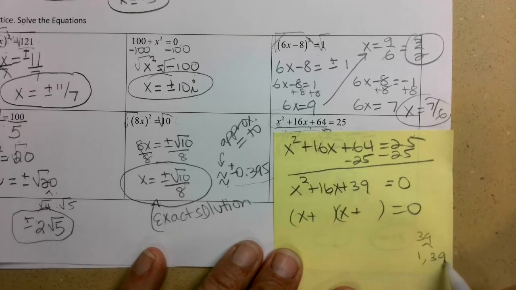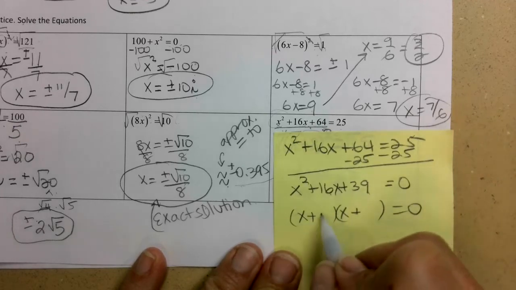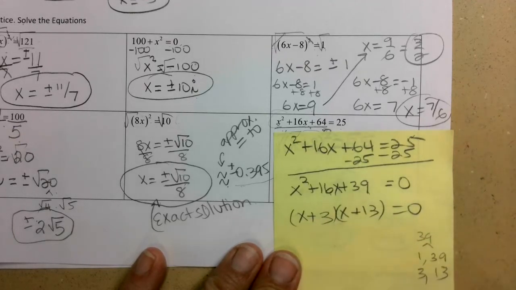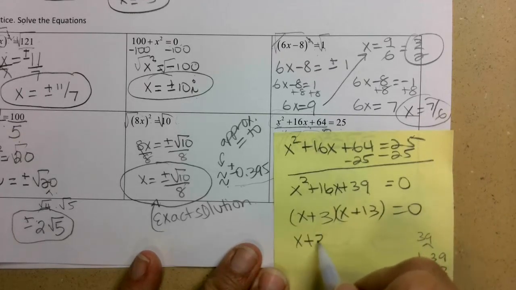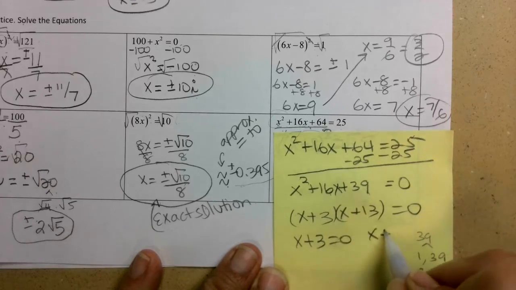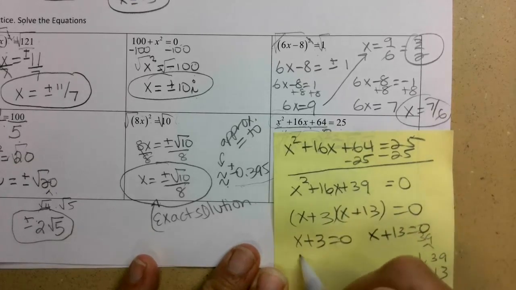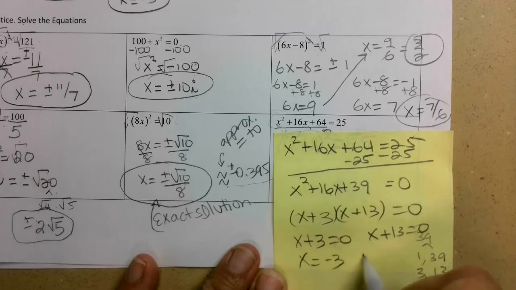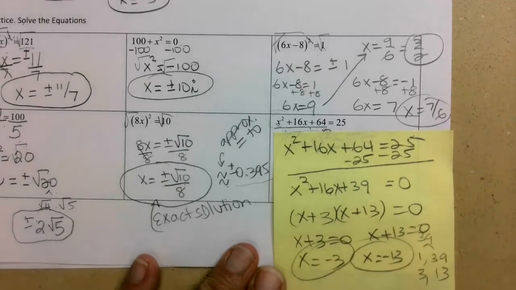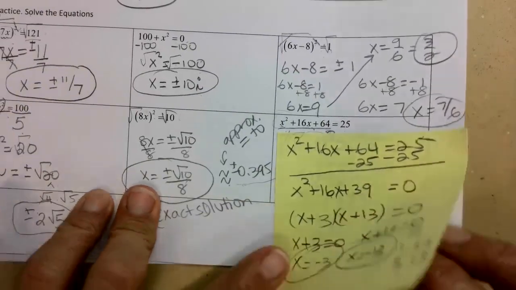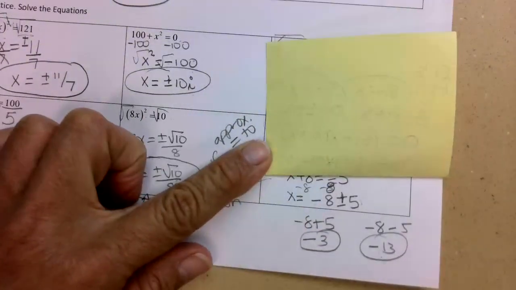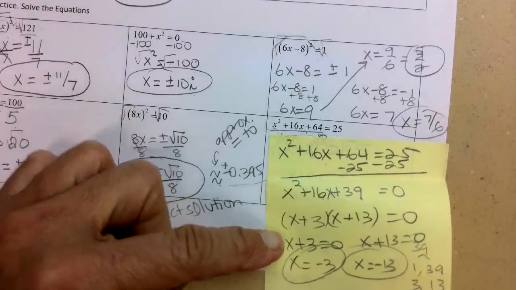So 1 and 39, 3 and 13, there we go. x plus 3 times x plus 13. So x plus 3 equals 0, or x plus 13 equals 0. x equals negative 3, or x equals negative 13. Just like we knew from before. So both ways will work.